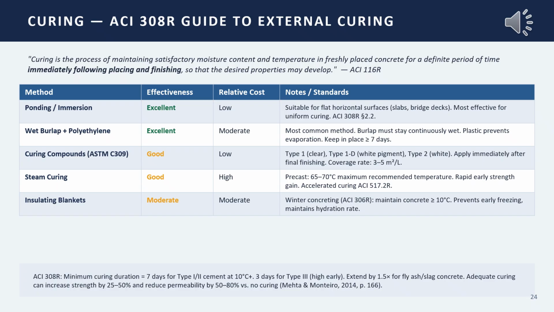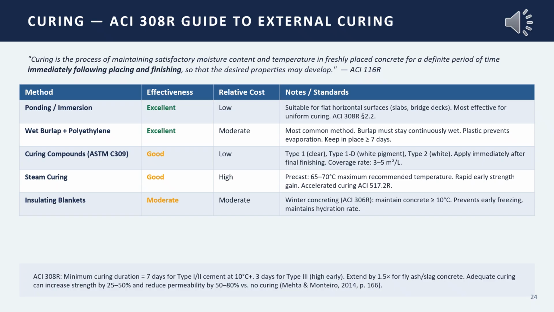Research cited by Mehta and Monteiro shows that adequate curing can increase strength by 25 to 50% and reduce permeability by 50 to 80% compared to no curing. These are not marginal improvements.